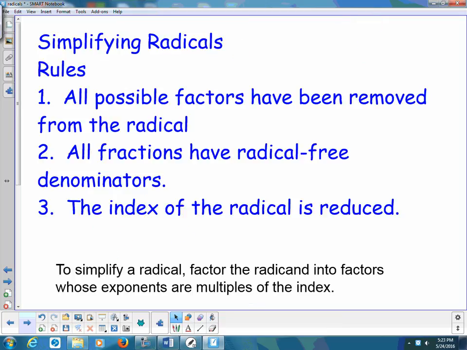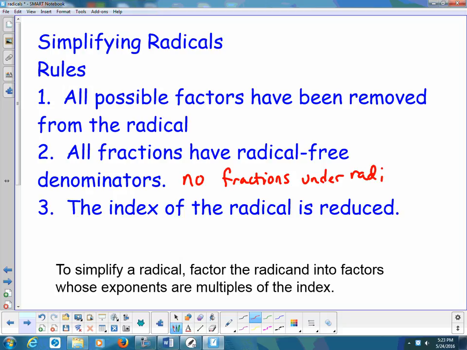So how do we simplify radicals? Here are the rules. Number 1, all possible factors have been removed from the radical. Number 2, all fractions have radical-free denominators, and I could add here that there's no fractions under a radical symbol. All right?